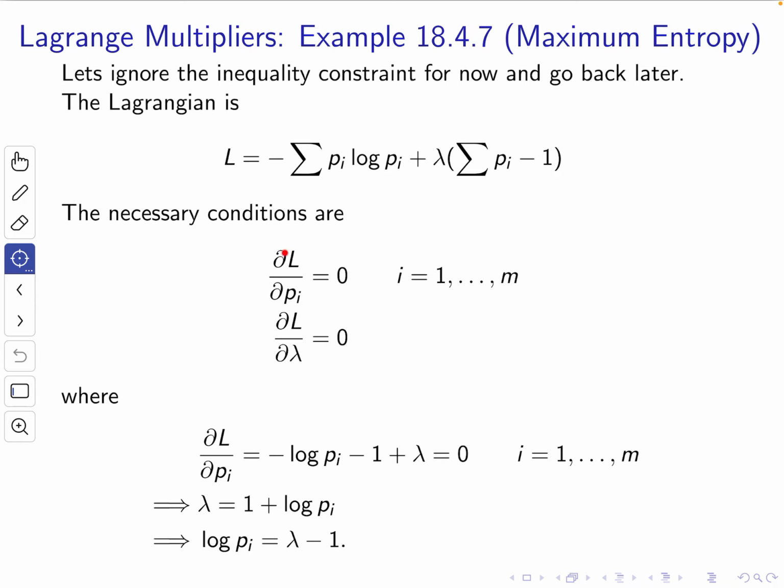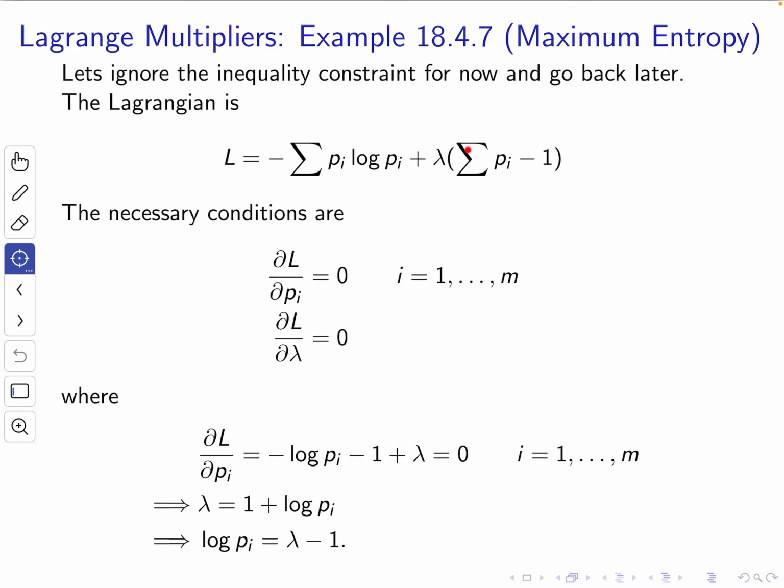So the partial of L with respect to pi. If I take just the pi, all of the other pj's in the sum will go away, and I just have to take the derivative of pi log pi. That's going to be minus log pi minus 1.